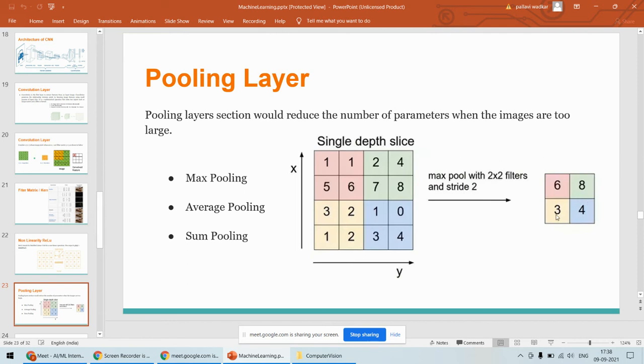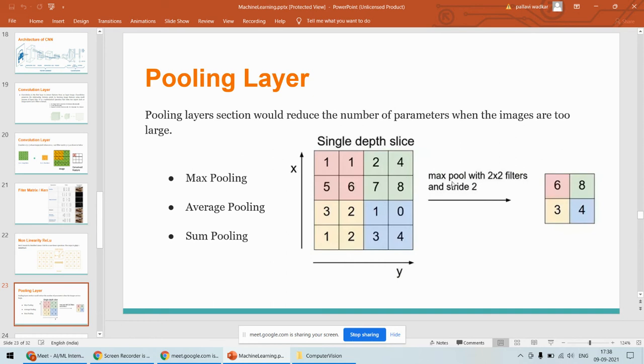It's 3, so 3 is here, and again 4 is the maximum over here. So this is how the pooling layer compresses the feature size, or reduces the feature dimension, so that we get a smaller feature, and definitely the algorithm will work much faster as our features are quite small in size.